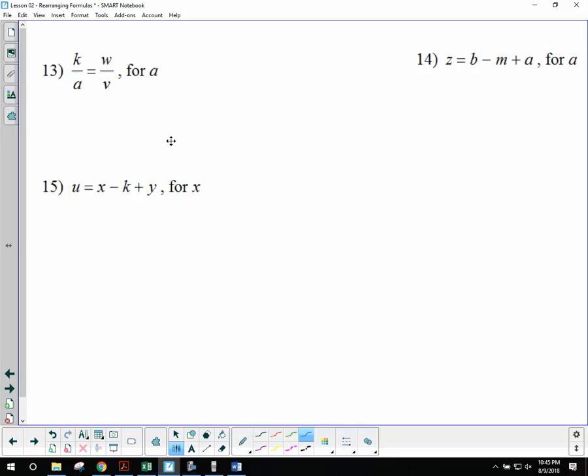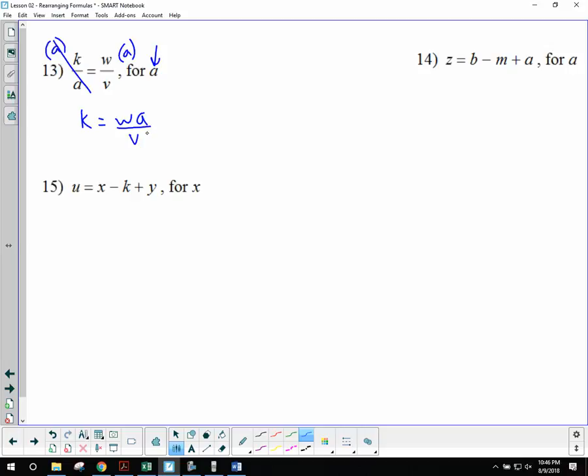This 13 is a little weird, so let's do this one together. So, again, solving for A. You got to get A out of the denominator. So, again, times both sides by A. So, those A's cancel. We have K equals W. A is going to be on top, all over V. Well, I'm going to show you something.